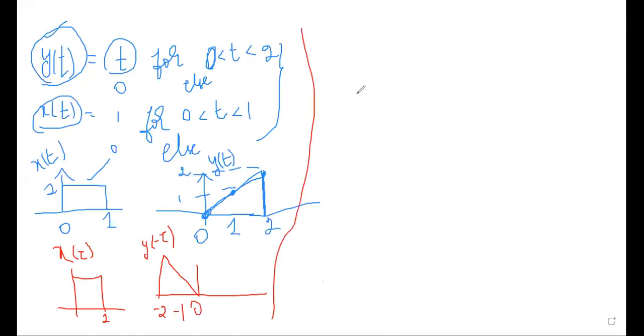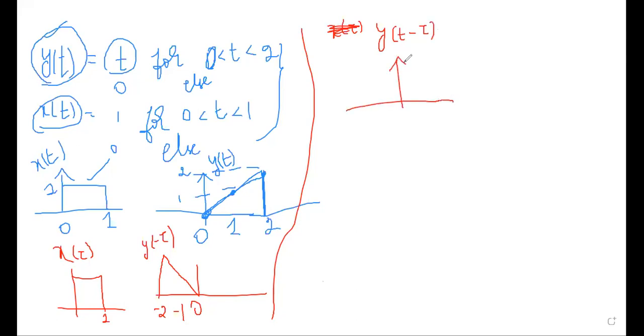I said y of t minus tau means 0 plus t; that concept is only easy for the analysis. So x of tau is x of tau, and let me take y of t minus tau on the left hand side because I'm going to do the shifting operation with that. What is the change in the x axis?